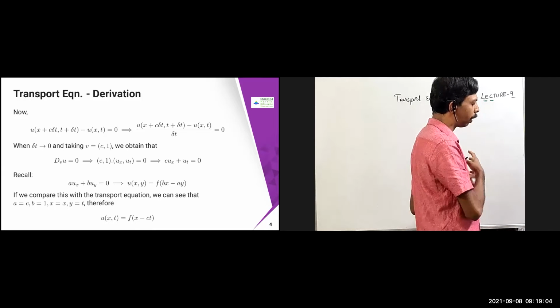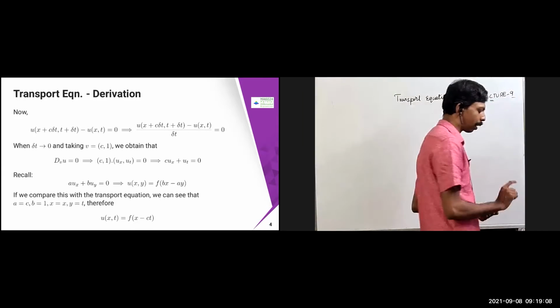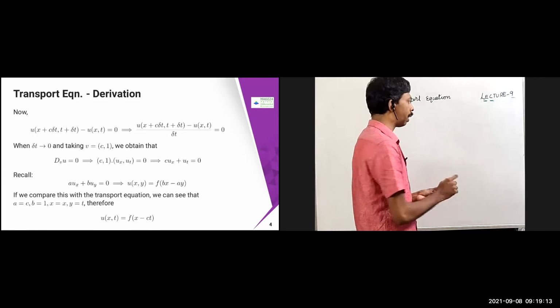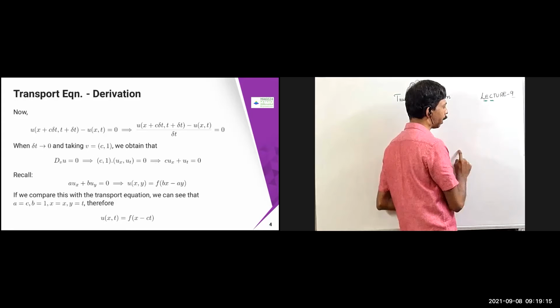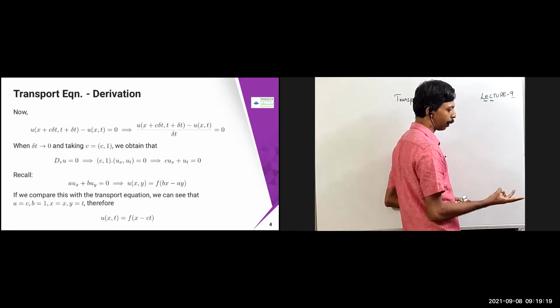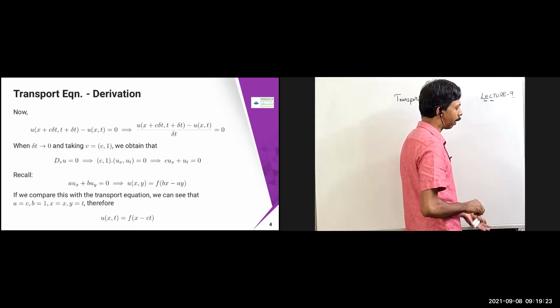That involves some more derivatives, because here we are solving only the first order transport equation, with the assumption that it depends on only one space variable and time. With respect to the space variable we are taking x only, and with respect to time we are taking t.